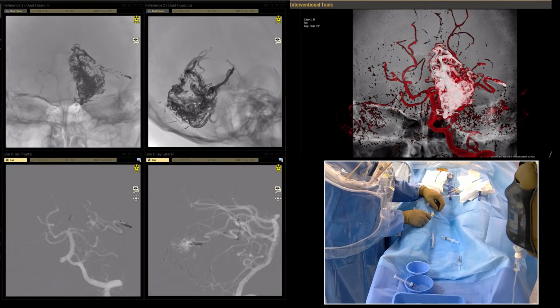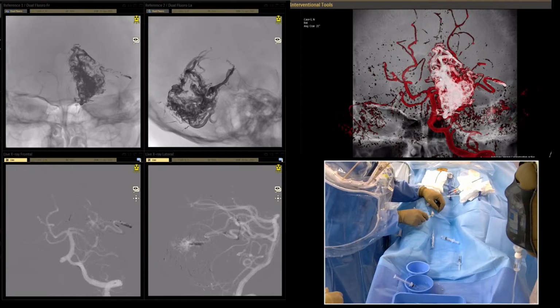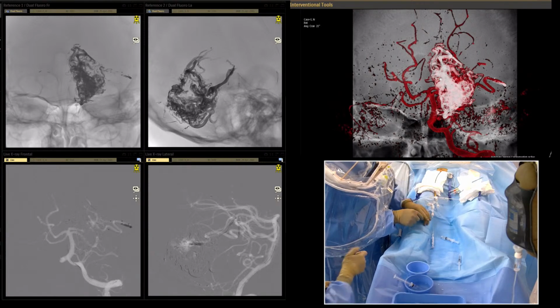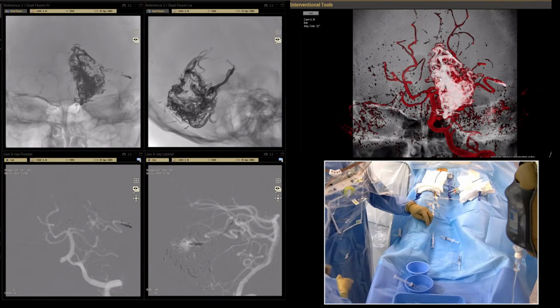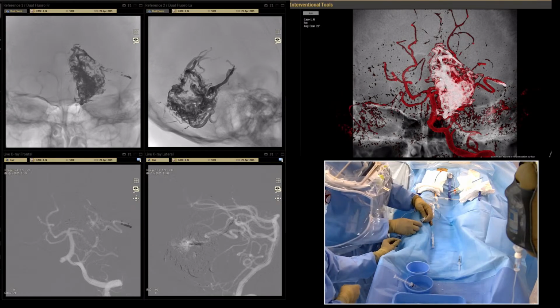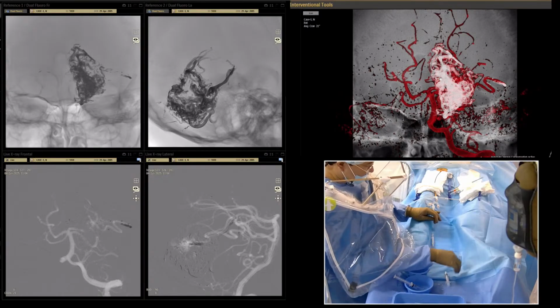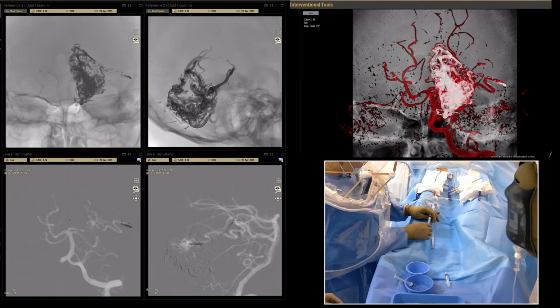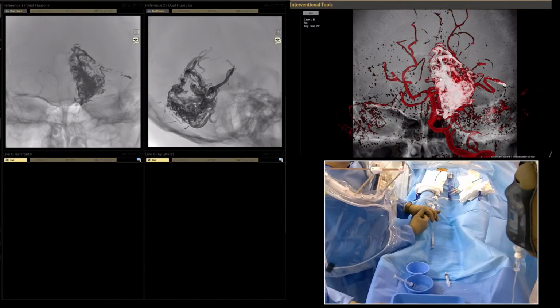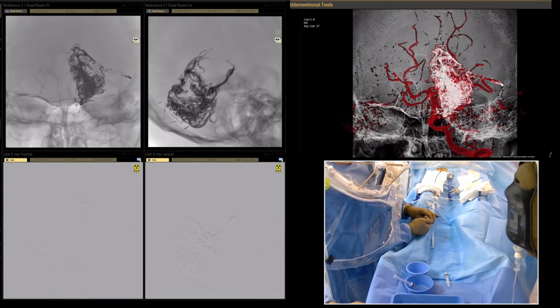Okay, I will bring my microcatheter a little bit back. Okay, this position. Okay, I will place a 3cc syringe for the Headway Duo.